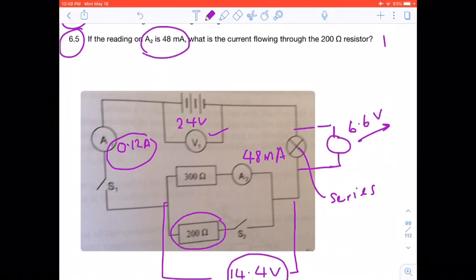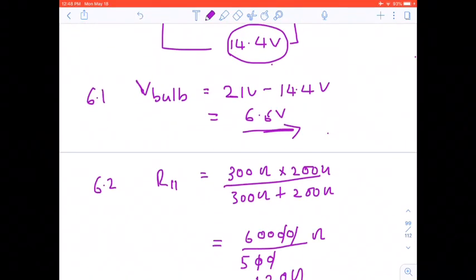We already know the resistance is lower, so we at least qualitatively expect the answer to be larger than 48 milliamps.